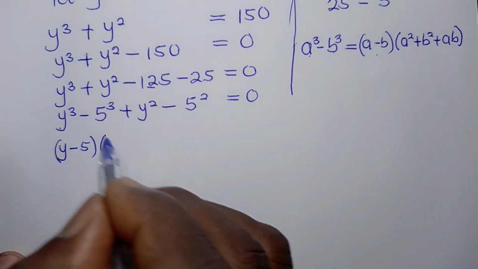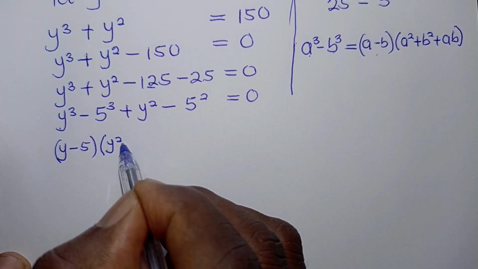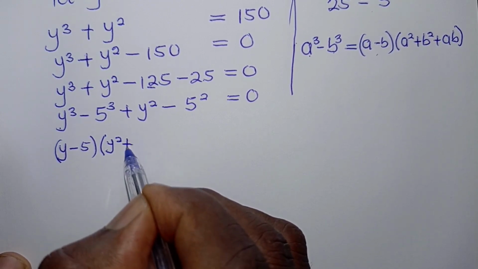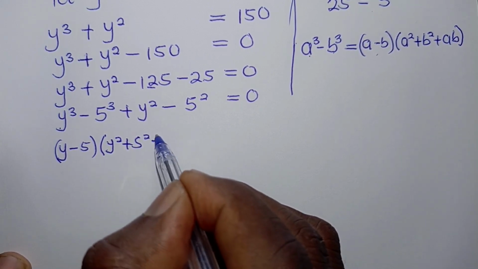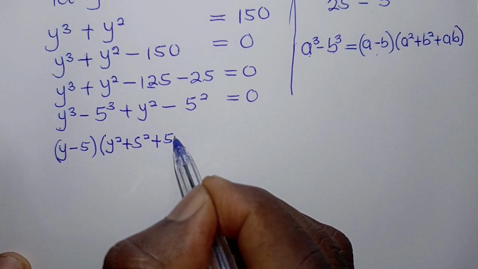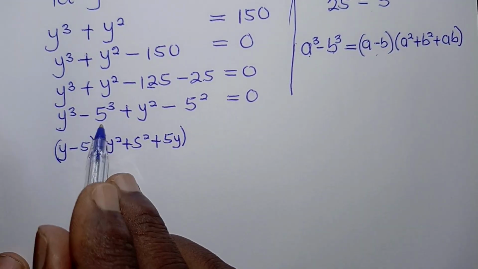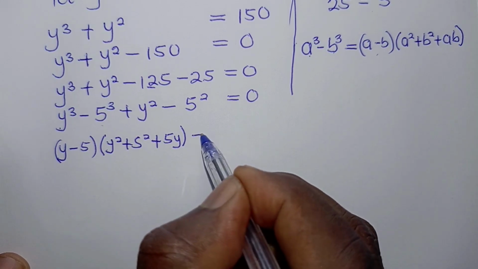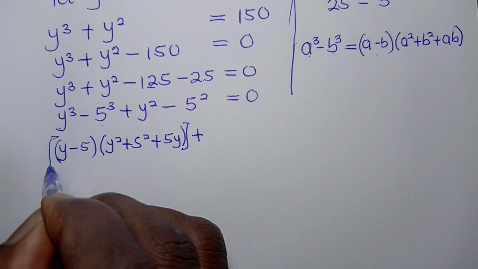y squared plus 5 squared plus 5y, that is for this.